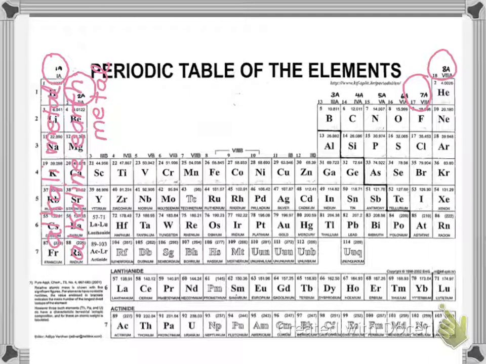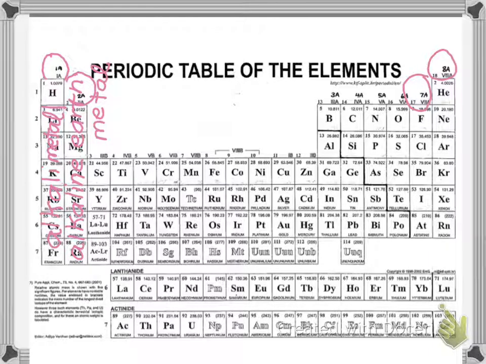So the alkali metals, I'm going to erase the word metal there, only go up to lithium. Hydrogen, while it is in group 1A, is not considered an alkali metal. It will, however, in cases with nonmetals, bond similarly to the alkali metals.